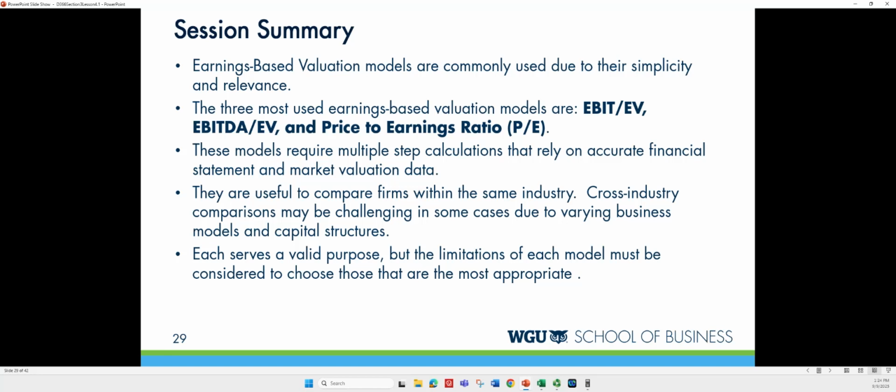They are useful to compare firms within the same industry. However, cross-industry comparisons can be challenging in some cases due to varying business models and capital structures. And lastly, remember that each serves a valid purpose, but the limitations of each model must be considered to choose those that are most appropriate.